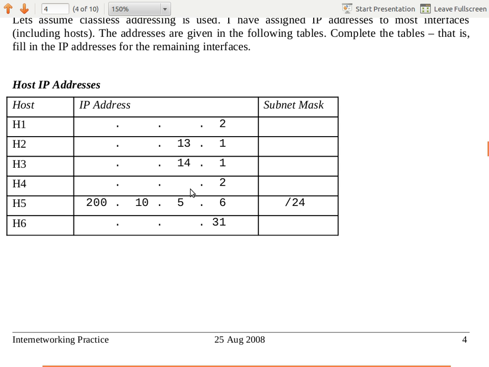So in fact, you know the IP address of A1. Since H1 is on the same subnet as A1, it must have the same network portion. What is the network portion? If we convert this to binary, it's the first 28 bits. That's what the subnet mask tells us. Convert it to binary.